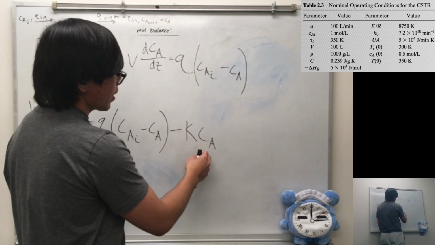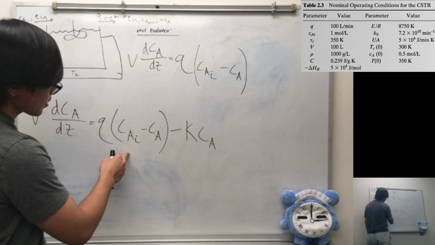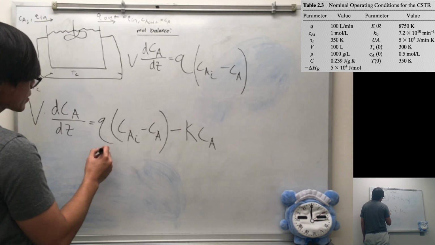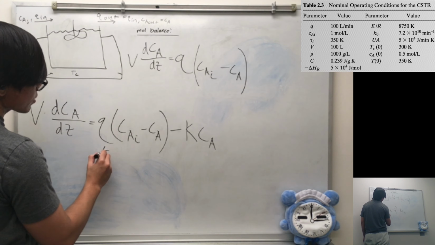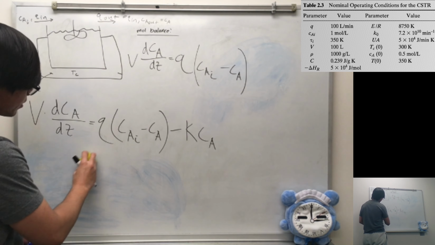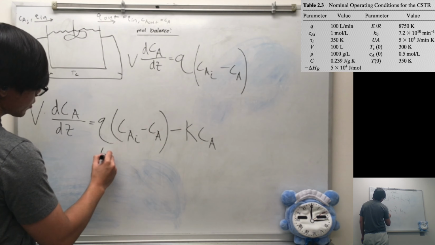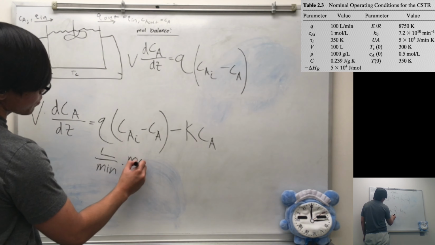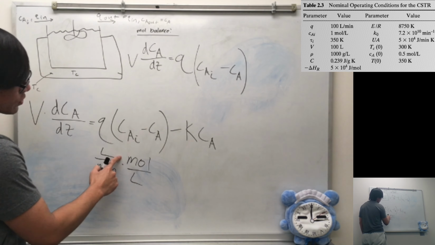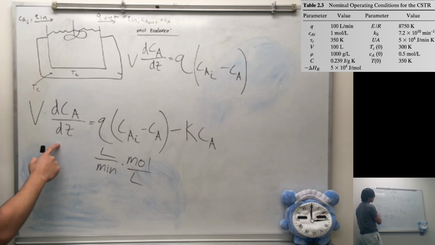Remember that we have to watch out for units, so we can actually break this down. Our volumetric flow rate is volume per time, so we have liters per minute times our concentration, moles per liter. So now we have moles per minute. Same thing over here with our concentration.